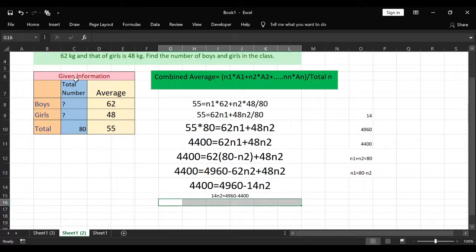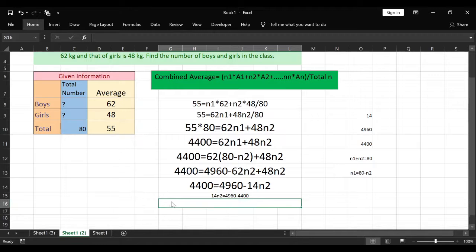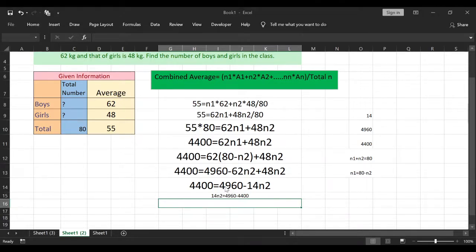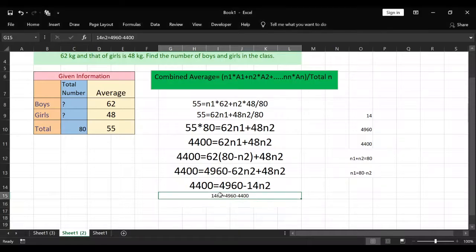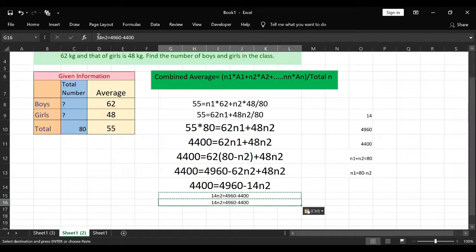So again I'll simplify this one. 14 n2 equals 4960 minus 4400.